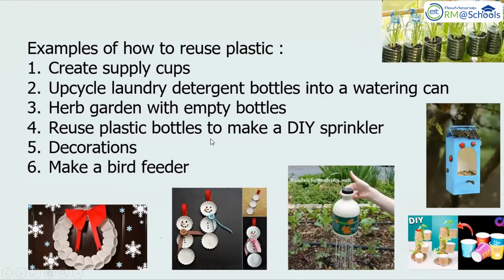Reuse plastic bottles to make a DIY sprinkler. Where is it? It's here. Decorations. Soon it's Christmas time, so you can make Christmas decorations or make a bird feeder, like this one in the picture.